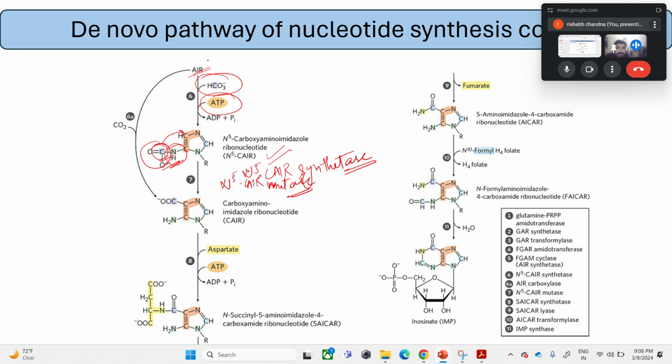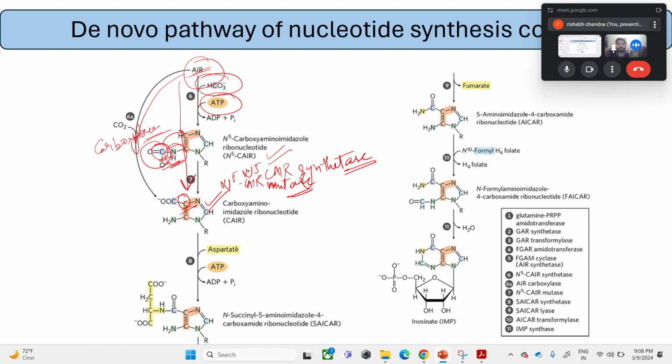So this particular AIR can directly add CO2 at this position through the carboxylase enzyme, or it can go through this path and use the bicarbonate ion, and through a two-step process it forms this structure, carboxy amino imidazole ribonucleotide.